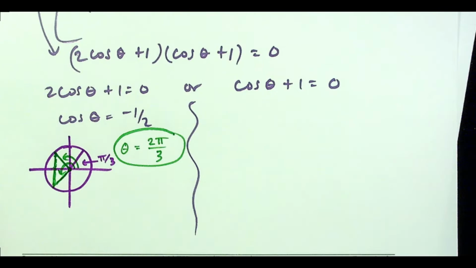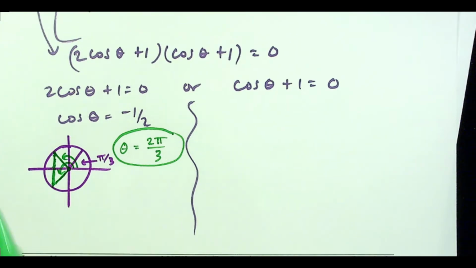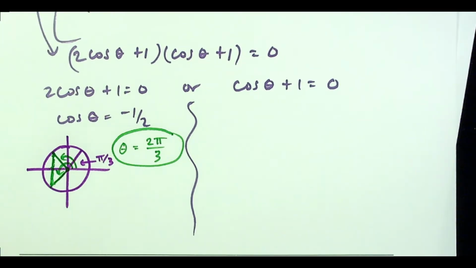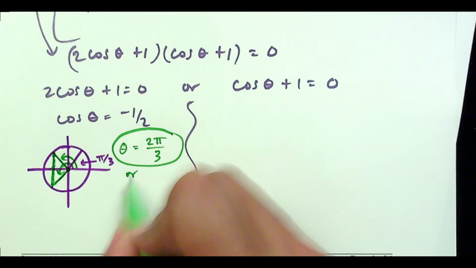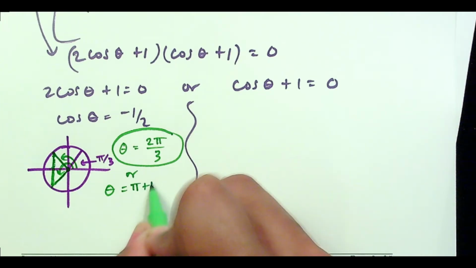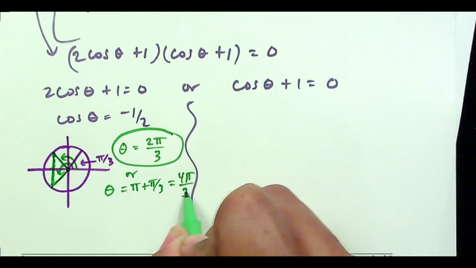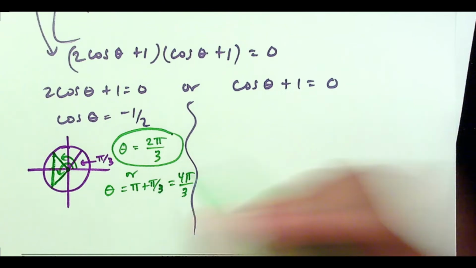And what is that angle? That would be pi plus pi over 3. So the other angle is pi plus pi over 3, which is 4 pi over 3.